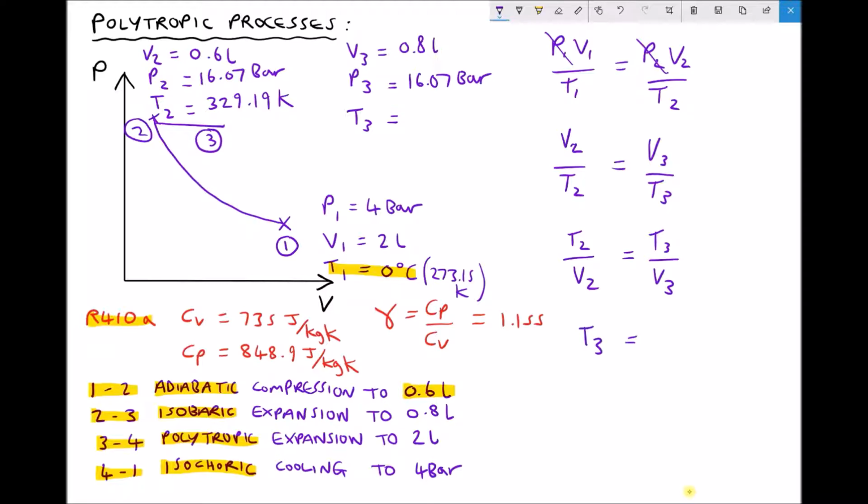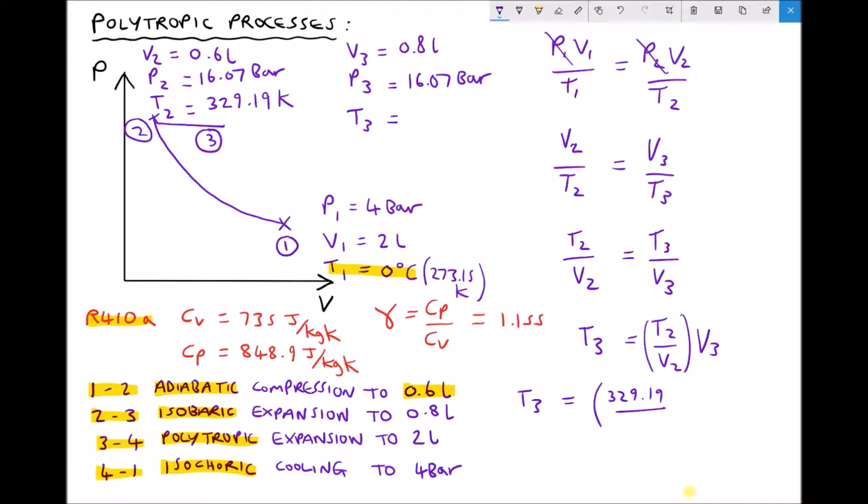So I have T3 equals T2 over V2, all multiplied by V3. Now once again, we need to remember to work in Kelvin. So we have T3, which we're going to find in Kelvin, equals T2 in Kelvin, 329.19, divided by V2 and then multiplied by V3.